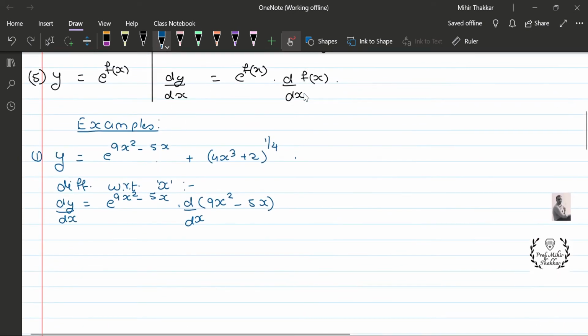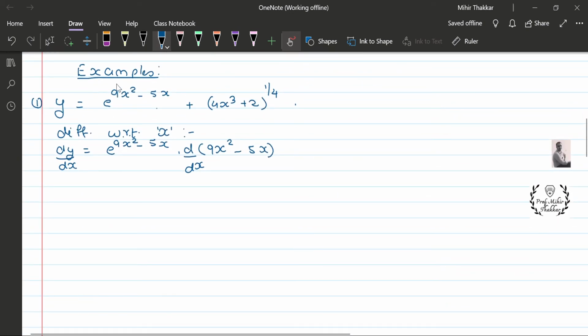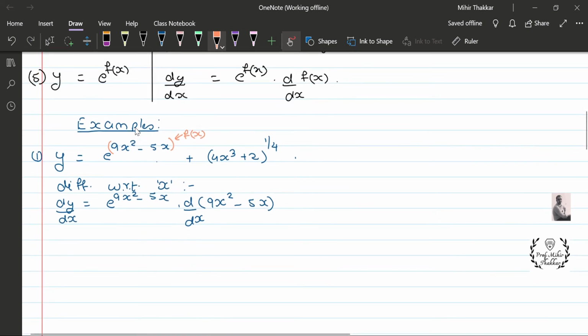So here I consider this entire function as f(x). It is just like my formula, e raised to f(x) into the derivative of f(x).